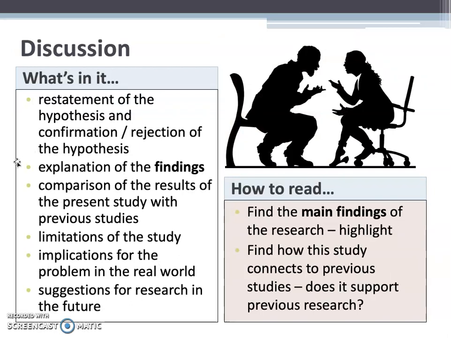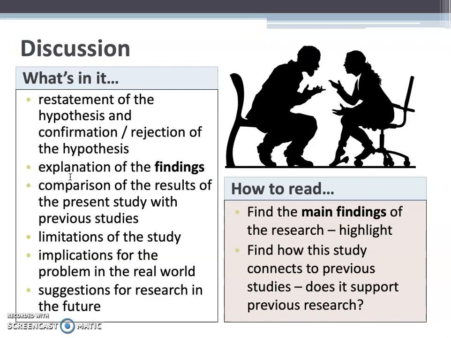which is the discussion. Here is where the author will talk about the results by explaining what the results mean. They'll go back to the restatement of the hypothesis, saying whether or not it was confirmed or rejected.